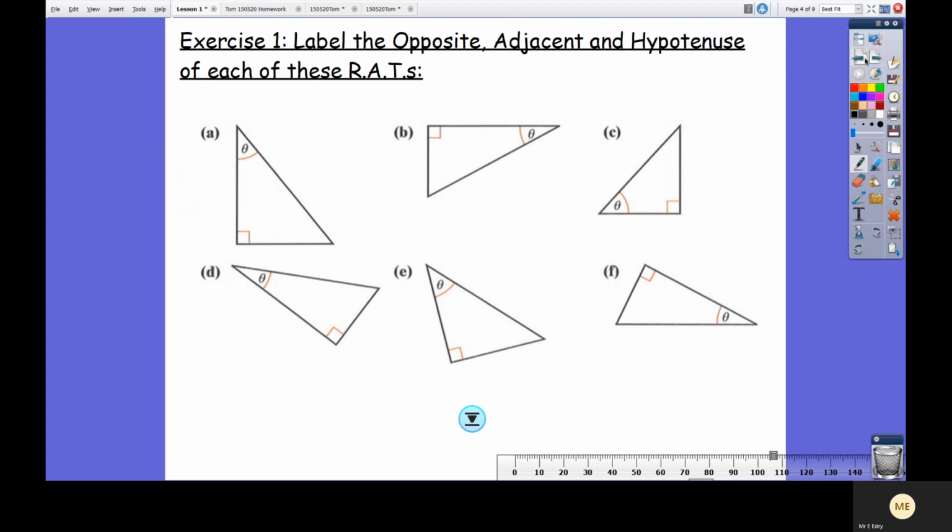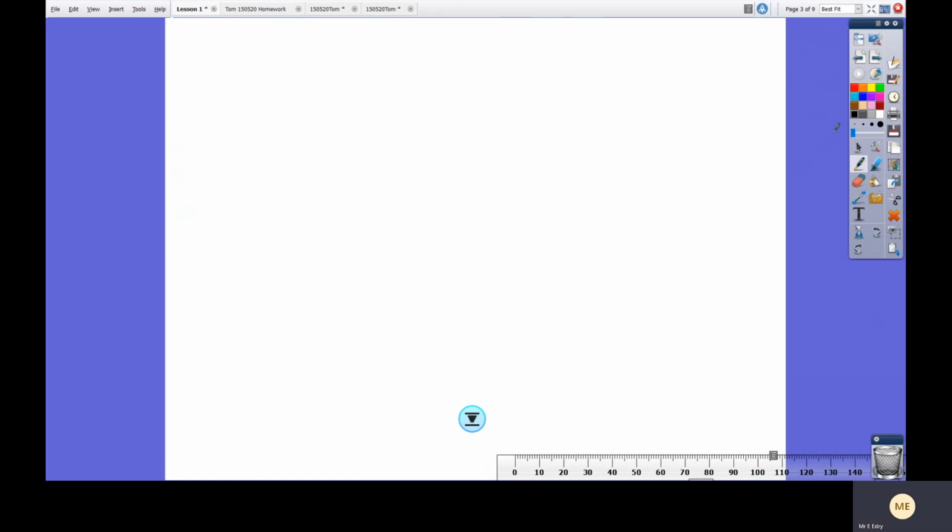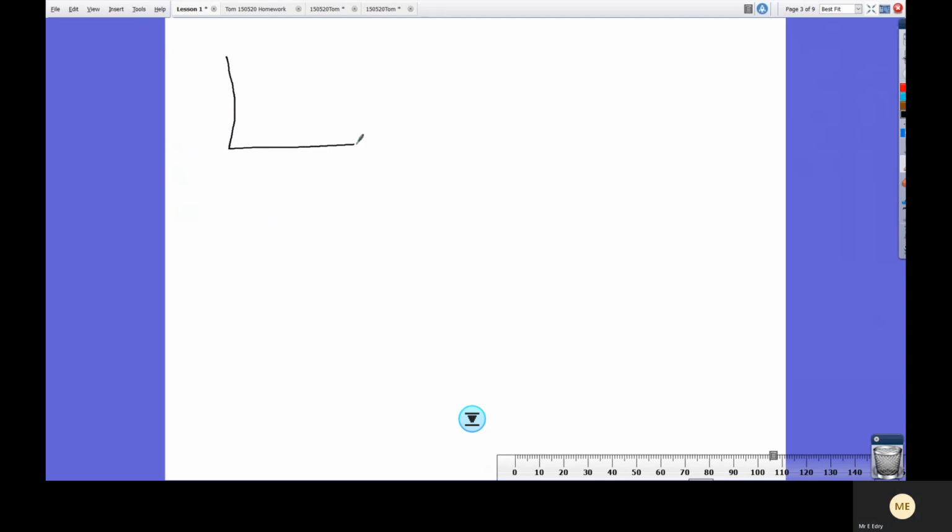So what I want to do is discuss the other sides of the triangle. If I just draw myself an example, if I have a right-angled triangle here. So we have our right angle in the triangle, and we know that opposite that is the hypotenuse, which I'm going to just label as hyp.